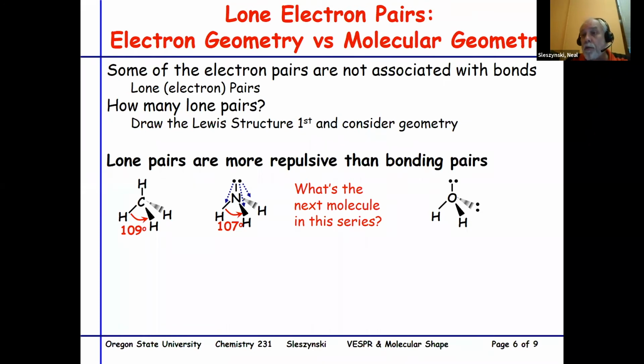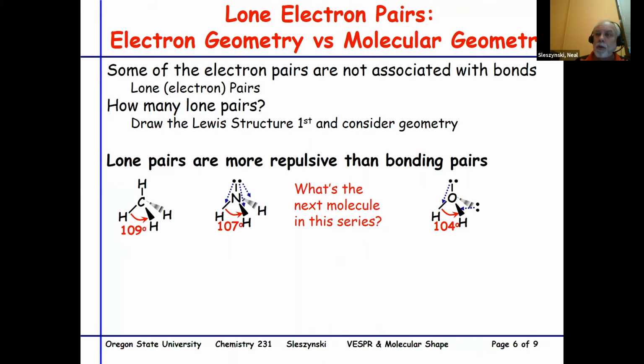Water now, instead of having one lone pair of electrons, has two lone pairs of electrons. These are more repulsive than our bonding pairs. They're going to squeeze down those oxygen-hydrogen bonds and force them even closer together than we had for ammonia. So we can see this clear pattern, 109.5, 107, and 104, as we look at the angles between those bonds.